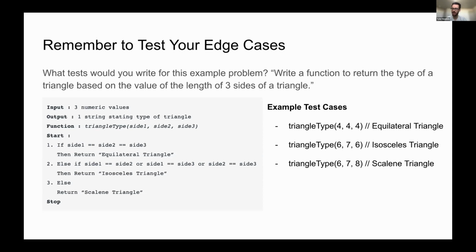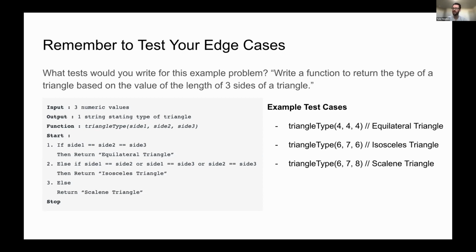As a second test, you might assert that triangle type 6, 7, 6 returns isosceles triangle because the first and third sides are equal, but the second is not. And then third, you might write a test for 6, 7, 8 and assert that that's a scalene triangle, that all 3 sides are different lengths.